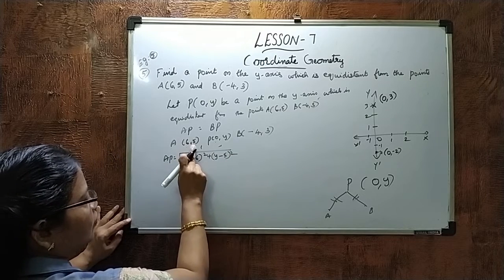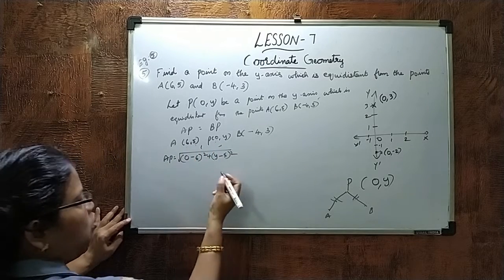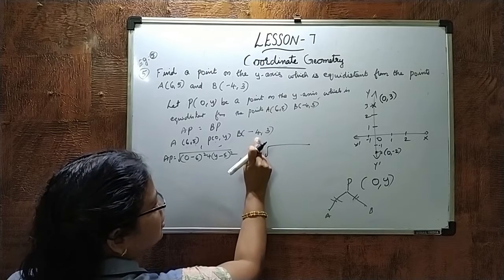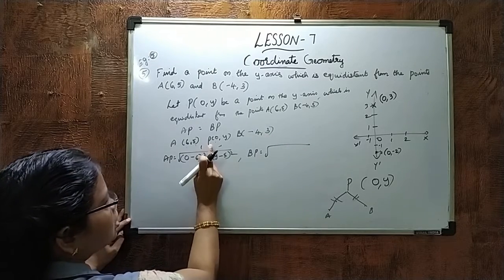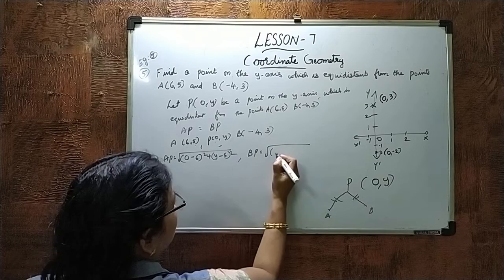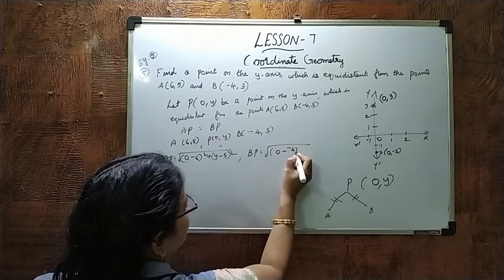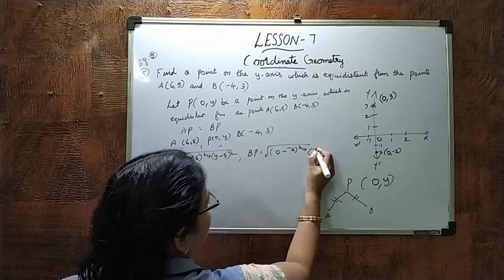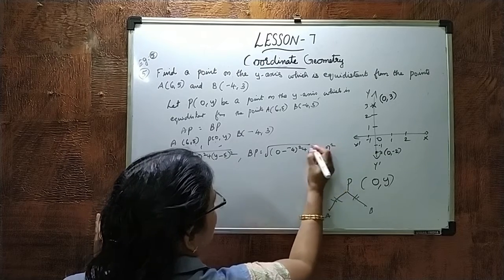Next one, BP equals root of, here B means first x1, y1, here P is x2, y2. So here also (0 minus negative 4) the whole square plus, next one, here it is y2, (y minus 3) the whole square.